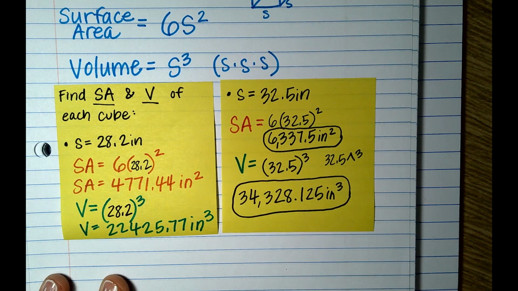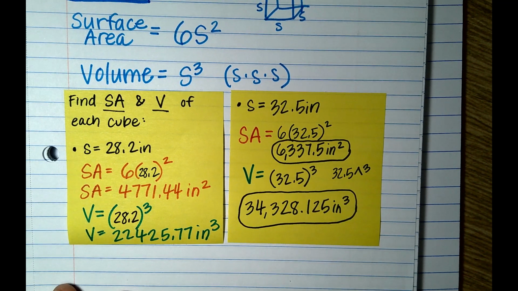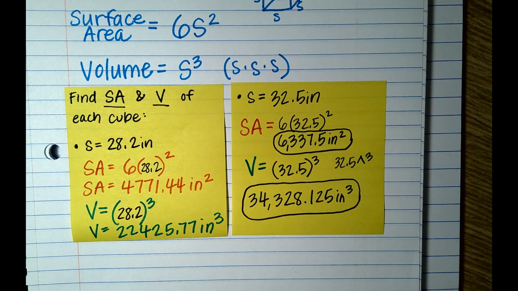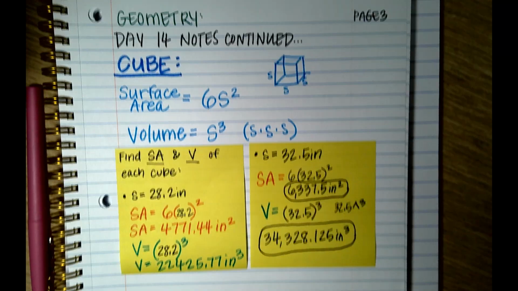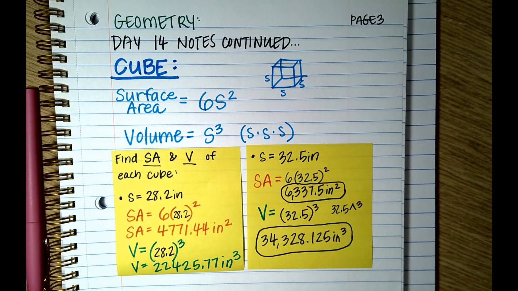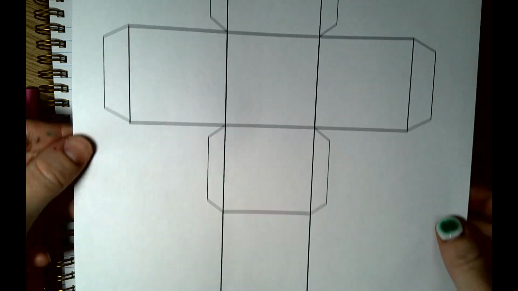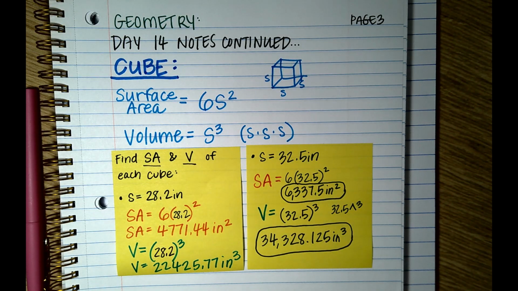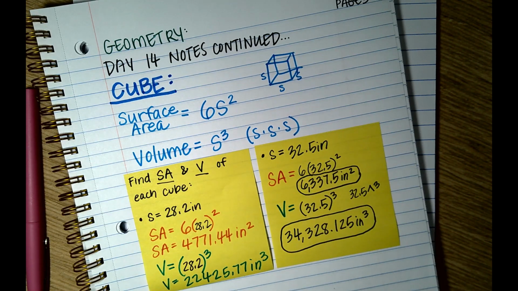So, I've shown you some on paper. We've written down our formulas, and now here's the activity we're going to do. I have printed out some nets for you. I am going to have you guys measure either with your rulers or with your little tape measures at your tables, up to you.